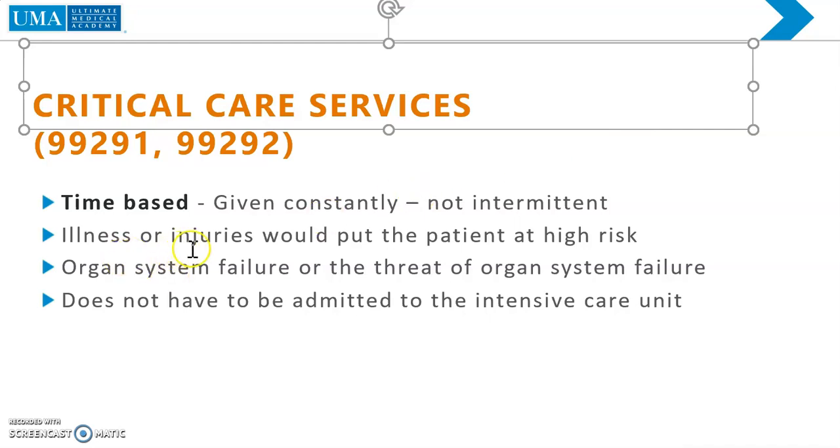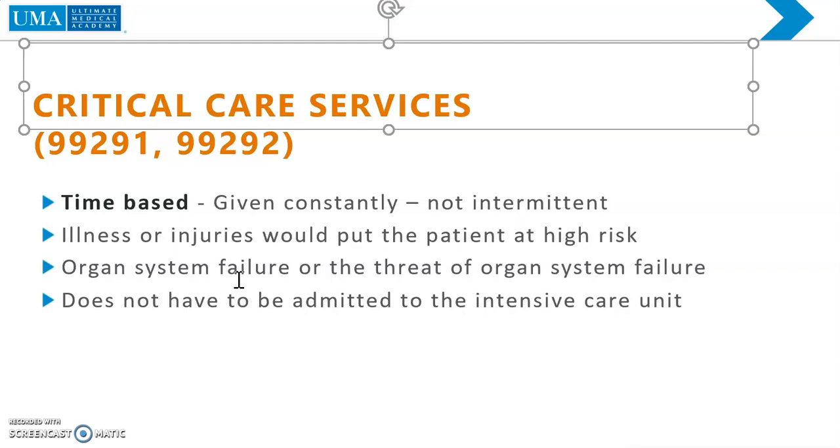The injuries or illnesses that the patient is being treated for are putting the patient at high risk. So if the treatment is not given right now, the patient has a high risk of consequences that are not good. Organ system failure. If the patient is having some kind of organ failure, heart failure, kidney failure, liver failure, there are again the same consequences.